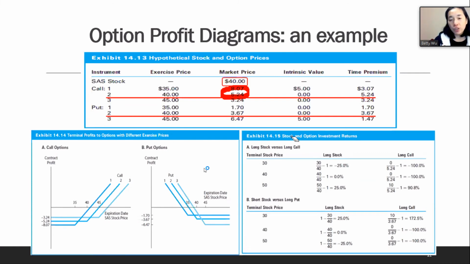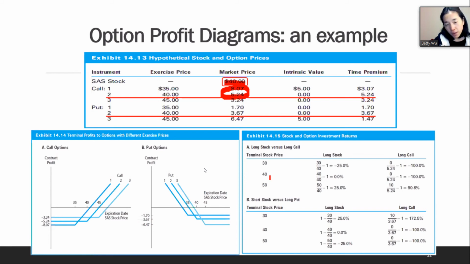This exhibit compares stock and option investment returns. So this is a long stock. Assuming you think about buying a stock now, the purchase price is 40, and you use 40 to calculate your return.